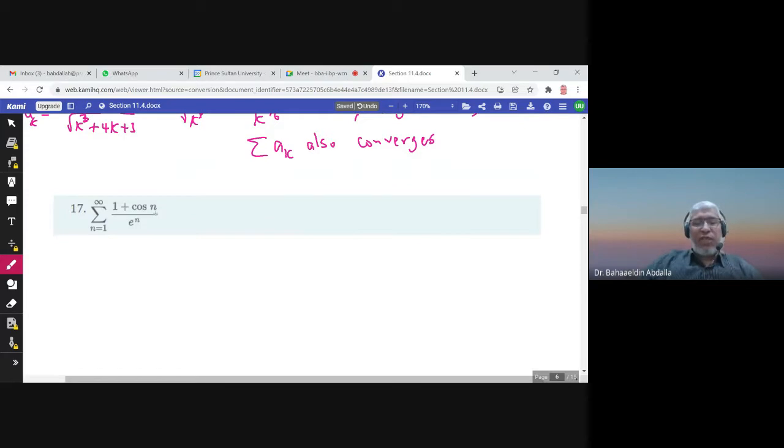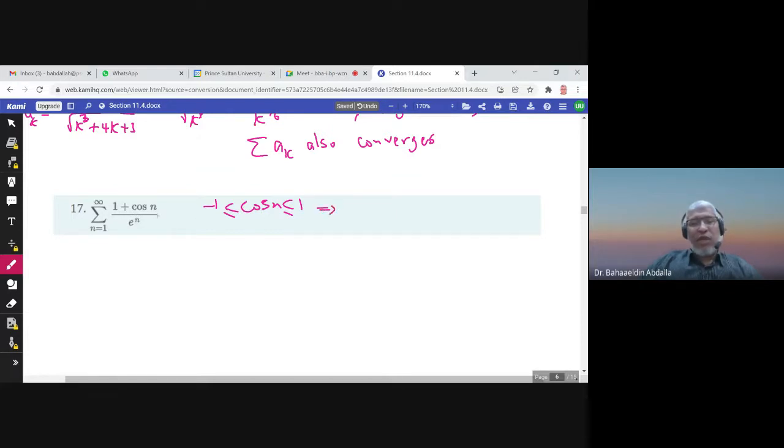Notice that here cosine n is sometimes positive, sometimes negative. Put cosine 2 in the calculator, radian mode. So cosine n is between 1 and -1. If there were no 1 here, we would not be able to use the direct comparison test.